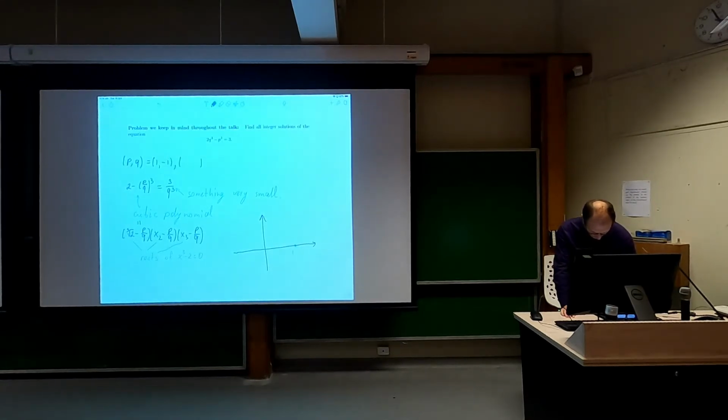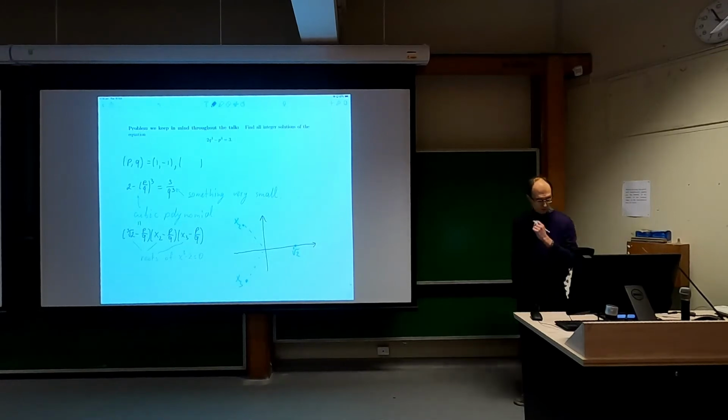So somewhere here we have cubic root of 2, x2 and x3. Something like that.